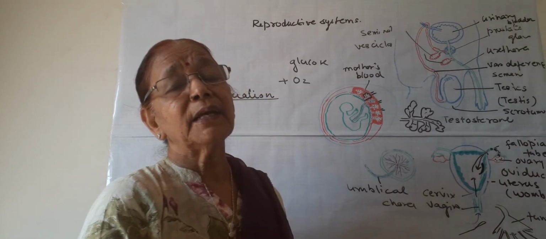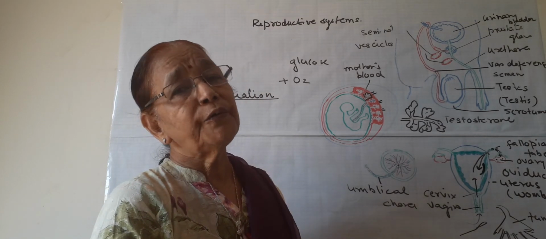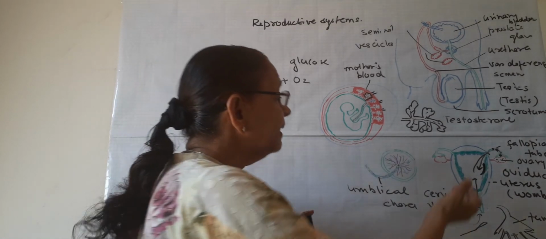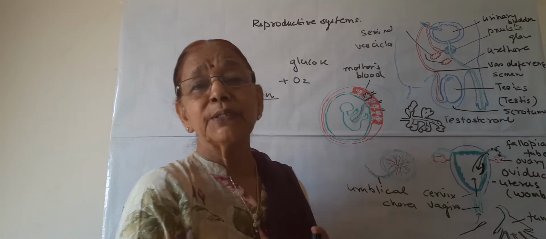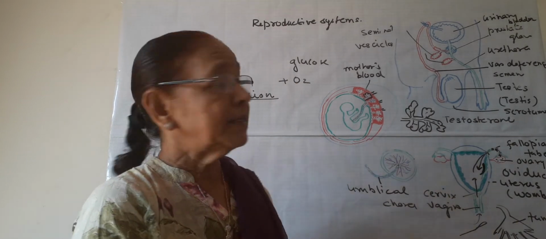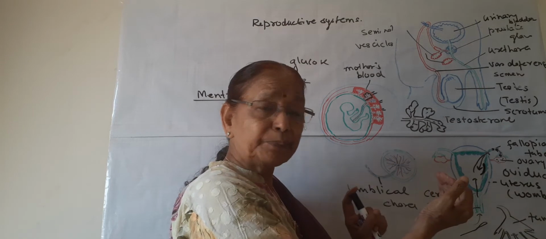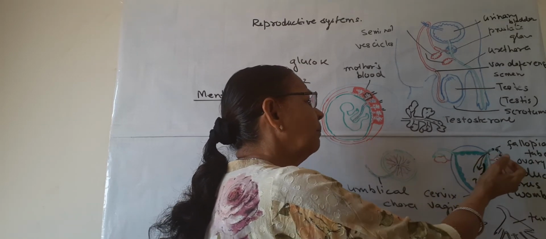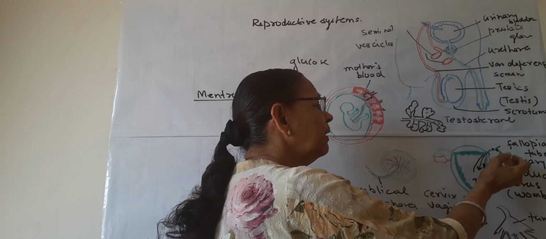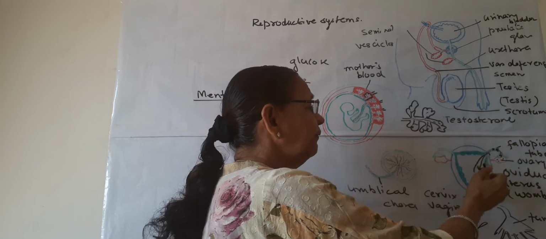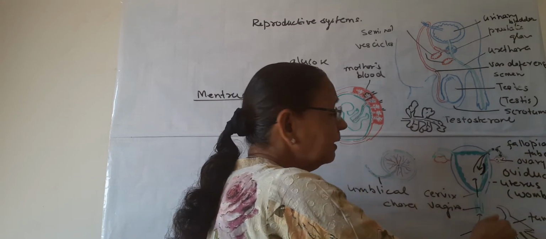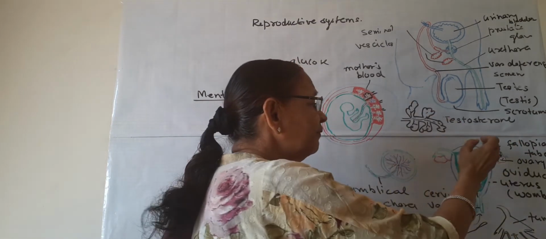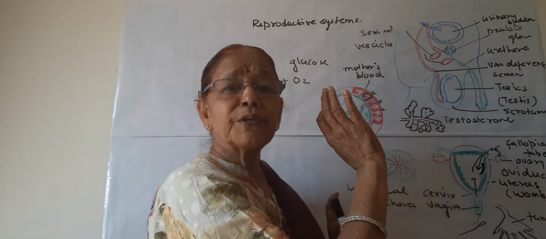And it is there for 2, 3 or 4, 5, 6 days. And this period is known as menstruation or periods. Every month this happens, because every month the ovary gives one egg, and if it is not fertilized, then the breaking up of the lining happens and menstruation occurs.